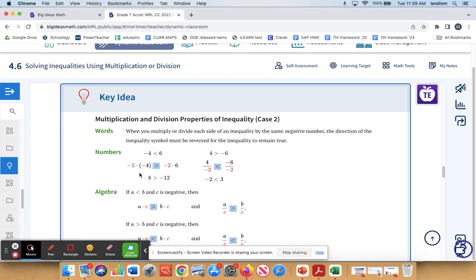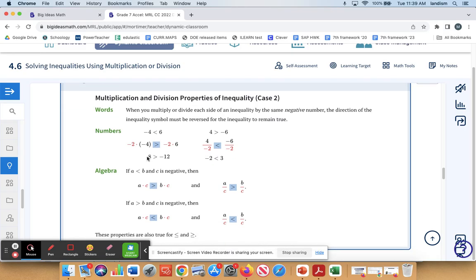So when the signs switch, the bigger digit now becomes a negative. So you have to switch the inequality sign. 8 is greater than -12. Sorry, they switched it up here.